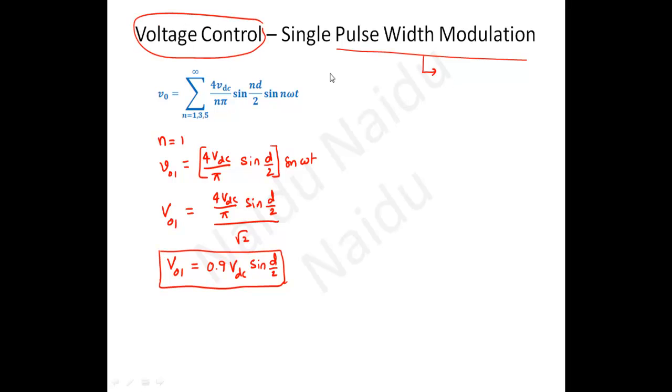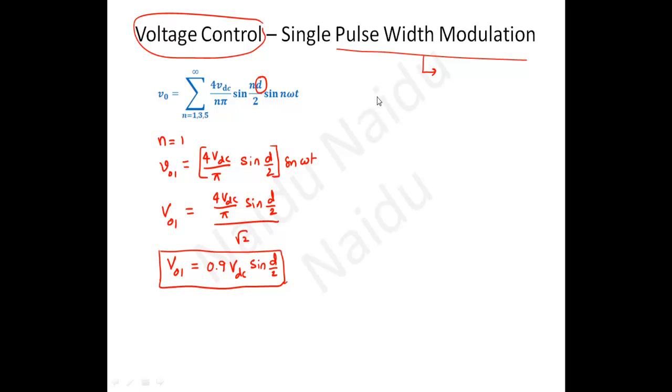Understand? So this is mainly for voltage control, but on top of the voltage control, by using the pulse width modulation technique, we will get some advantage. That advantage is that by setting the proper pulse width, we can eliminate some harmonics from the output. That means certain harmonics in the case of the single pulse modulation technique. How to do this, remember here.